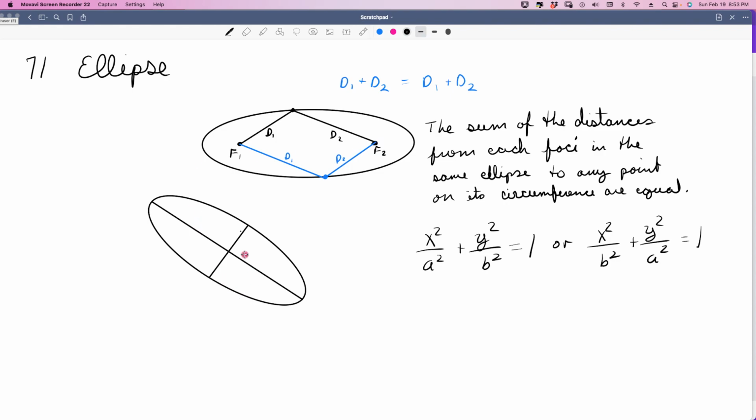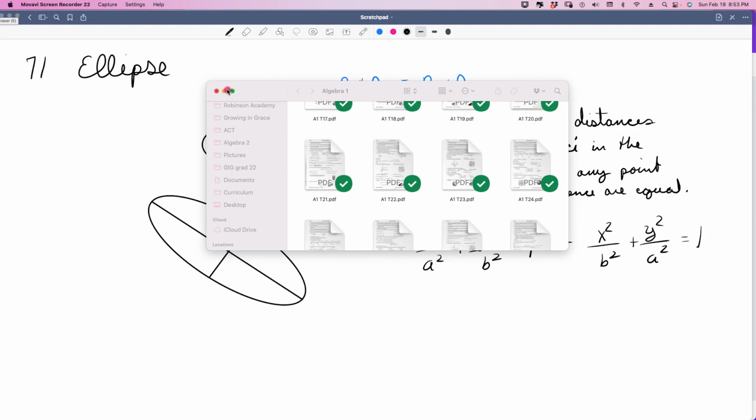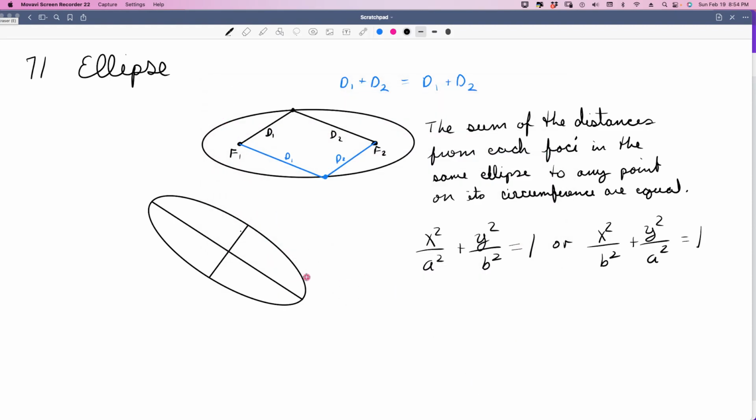Now, an ellipse has two major axes. The circle has a diameter, which is kind of like an axis, but it is the same all the way around, all 360 degrees. An ellipse has two different axes. The major axis is going to be the greatest distance from end to end of the ellipse, and it cuts the ellipse in half horizontally.